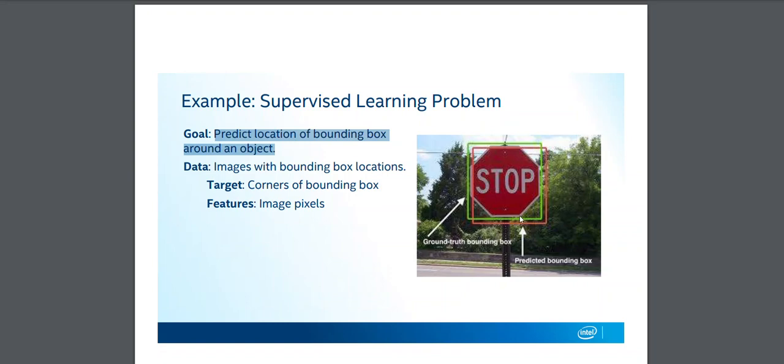The bounding box concept essentially means that we're attempting to isolate an object in an image or a segment of an image. Once we have isolated an object within an image or a selection of an image, we can then apply another model that determines, is this a stop sign or not?